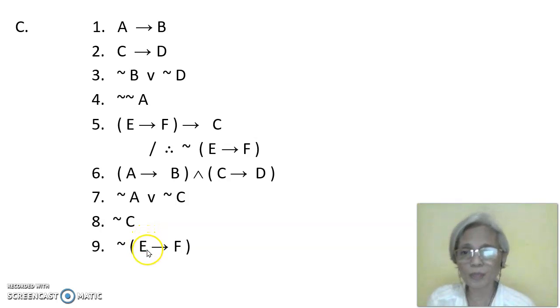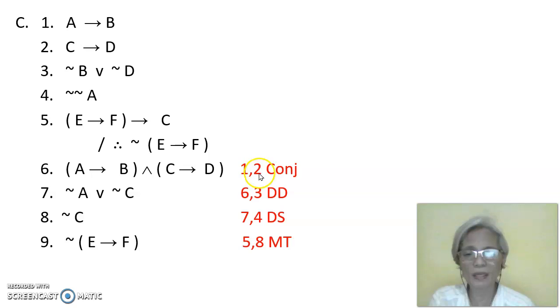And finally, for number 9, we were able to get the conclusion by applying modus tollens to number 5. So again, we have conjunction of 1 and 2, destructive dilemma of 6, 3, disjunctive syllogism of 7, 4, and modus tollens of 5 and 8.